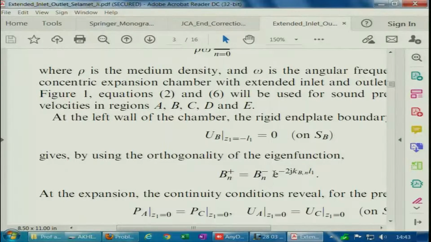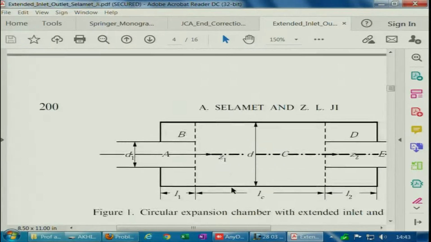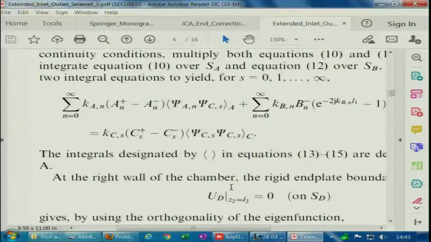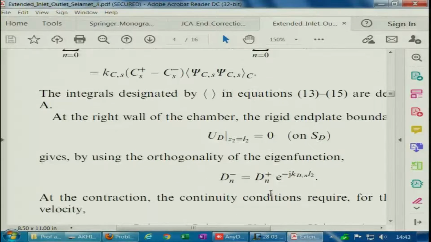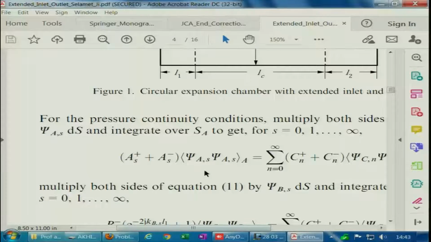Bn minus is the wave that goes in the negative z direction. Similarly, Dn minus, the wave that goes in this direction, is written in terms of Dn plus. These are some of the clever tricks that you need to do.